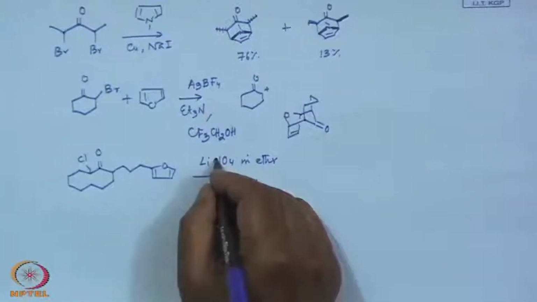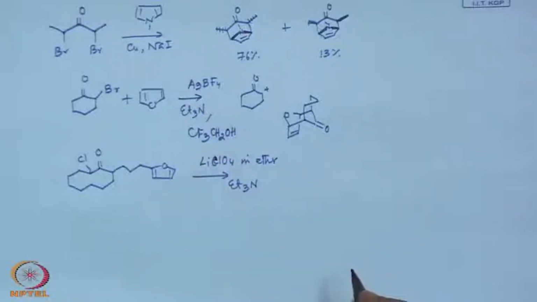Normally it is actually 5 molar lithium perchlorate. Any idea? So, no halophilic reagent now. The base is there to form the carbanion at the alpha position on the other side of this carbonyl group, and the lithium perchlorate is again to pull out this chlorine here.